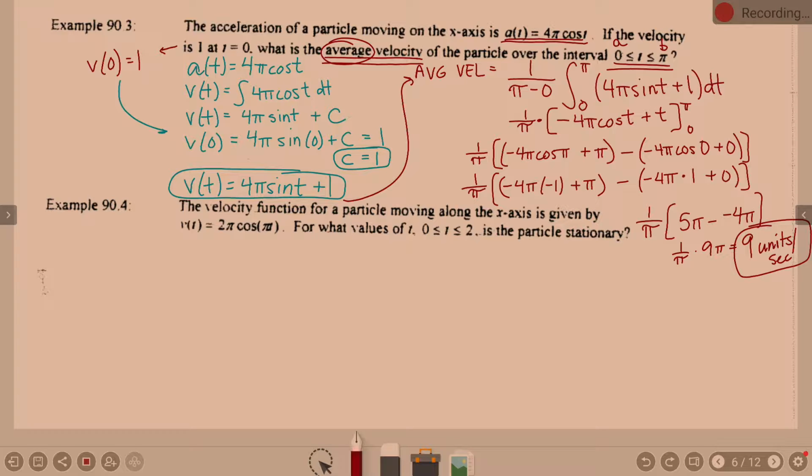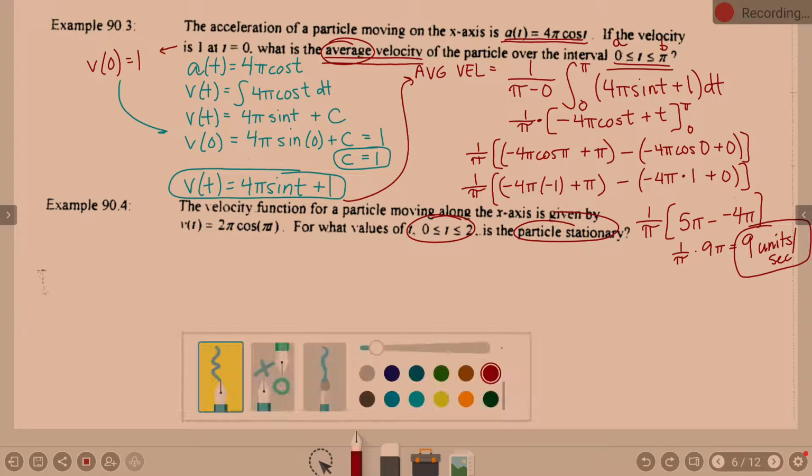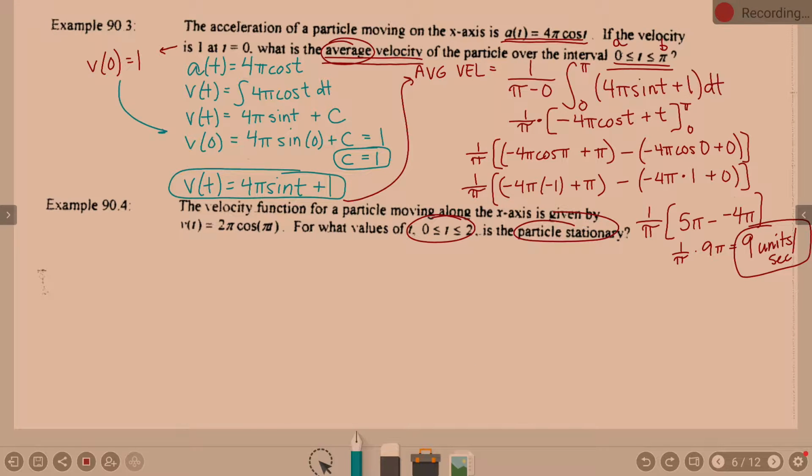When its velocity is 0. So we are going to take the velocity and set it equal to 0. So this does say 2 pi cosine of pi t, and we're going to set it equal to 0.